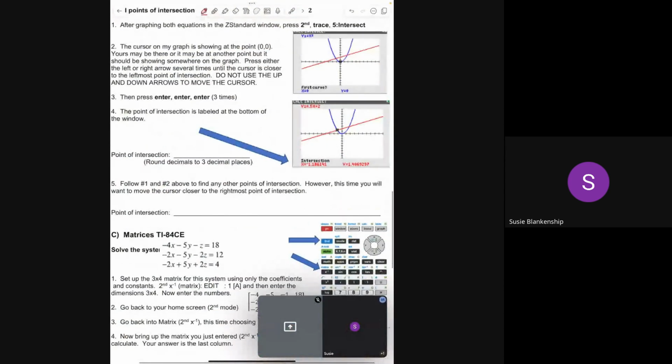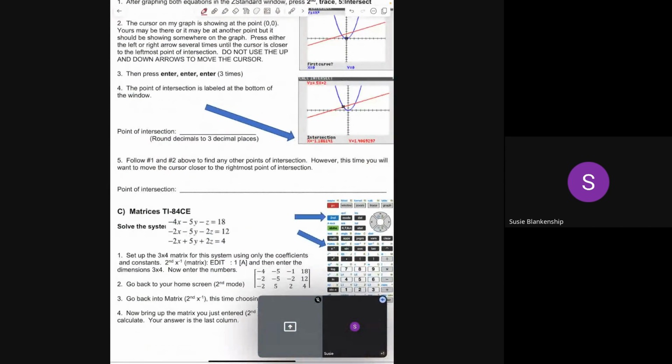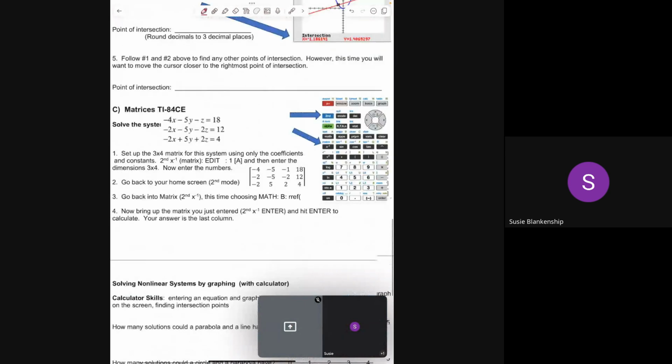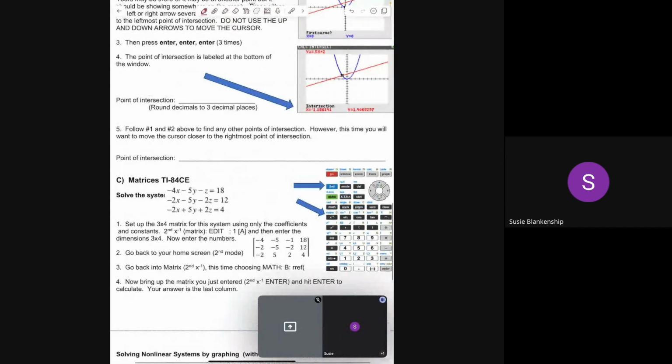okay. So if you look, we're on this page here. I just want my answers here. For one side, we had negative 1.186, that was our first one, 0.407. This was on the left side of the graph.